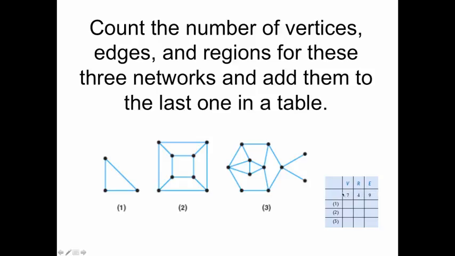What I'd like you to do right now is to turn off the video and count the number of vertices, regions, and edges for each of the 3 networks shown. Fill them in the table here, and then look at the pattern to see if you can come up with a relationship. When you have finished, start the video again.